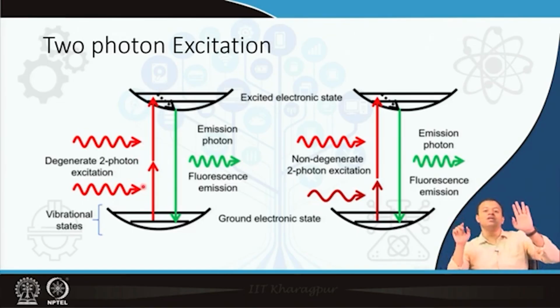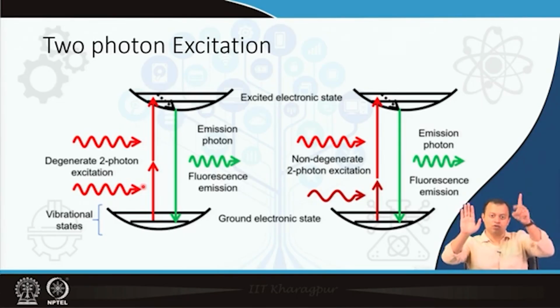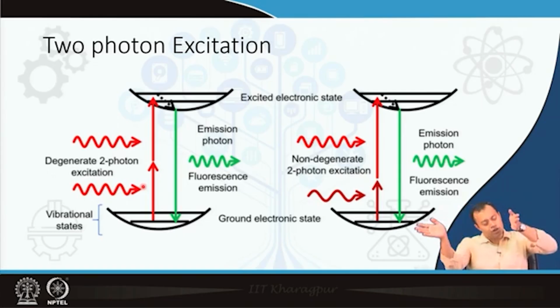Previously you used to send 1 electron volt and used to get 0.75 electron volt out. Say 1 electron volt input, 0.7 electron volt output, some amount is lost. Now you are sending 2, 0.5 electron volt, 0.5 electron volt. The result is the same, 1 electron volt, but the individual photons are of lower energy. The output is the same, 0.75 electron volt.